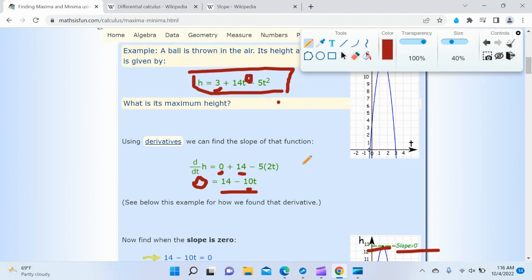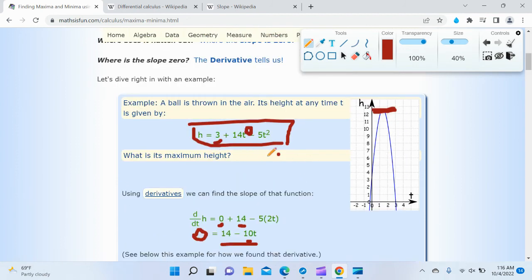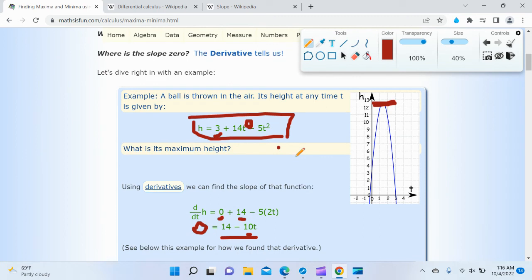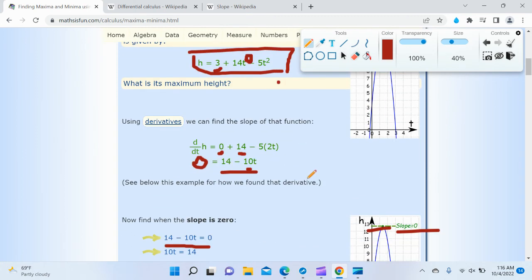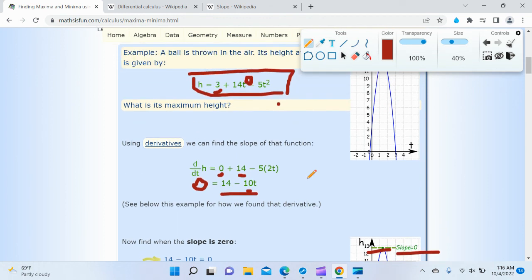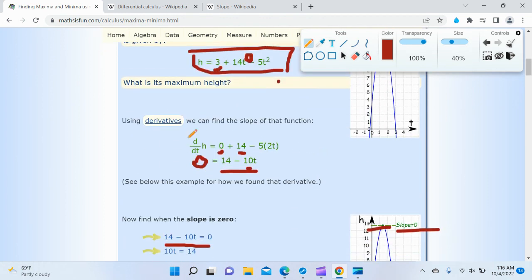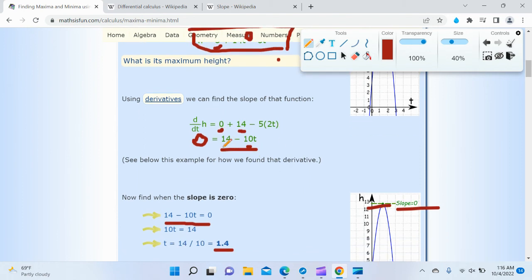So generally in exams you will get a lot of questions related to this, where you will be given an equation, and the question will be to find the maximum height of that particular graph. How can we find it? We can differentiate the equation, and after differentiation we will get the slope.